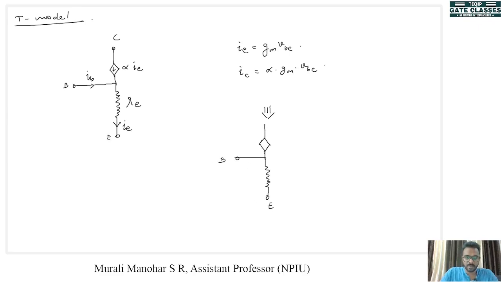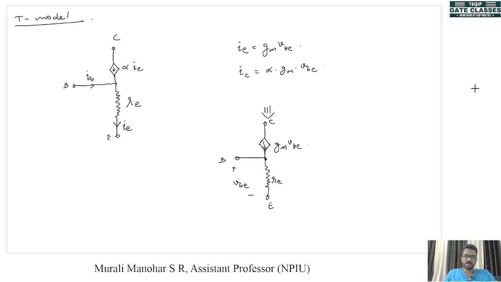Base, emitter, there is VBE between base and emitter, we have RE here, this is the collector, and this current source will have a value GM into VBE. This is a model where we have a voltage controlled current source.